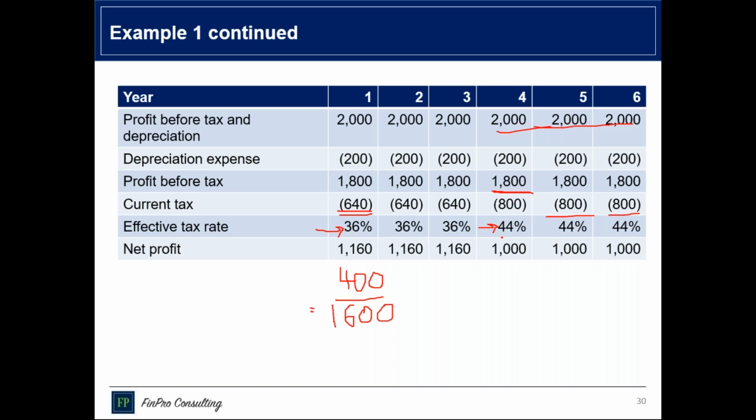So ideally it should have been 1800 into 40%. That should have been the total taxes. But in all these 6 years, it is not equal to my 40%. Each year the tax amount is different. Thereby my effective tax rate is not equal to the statutory tax rate of 40%. And that is why the deferred tax comes into picture.